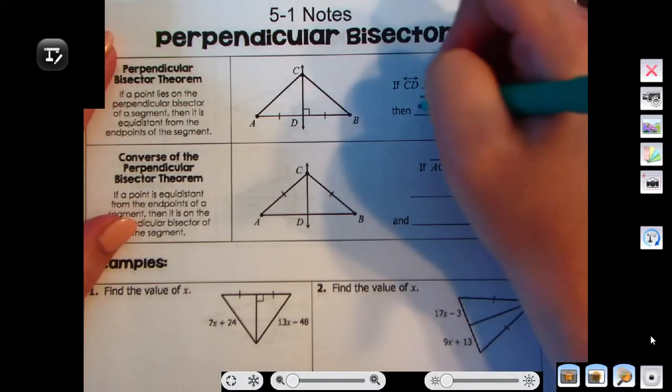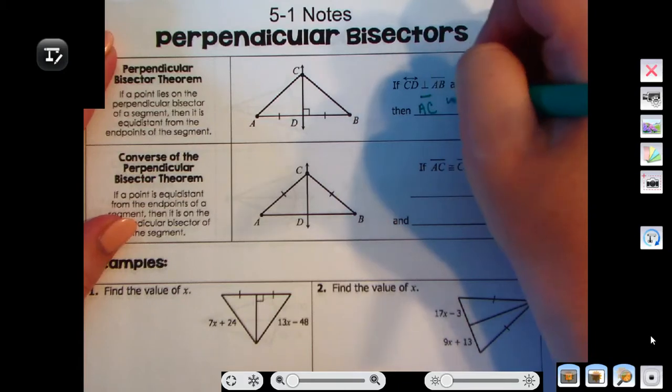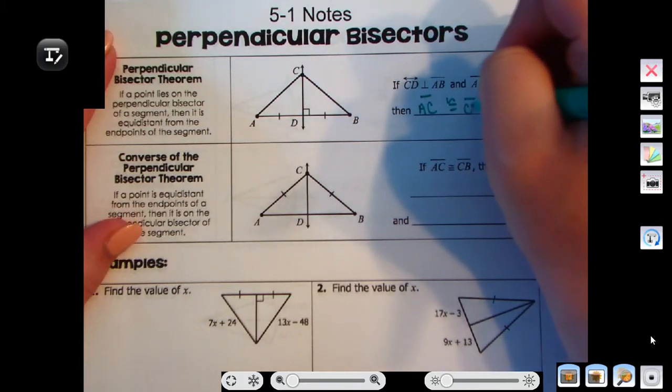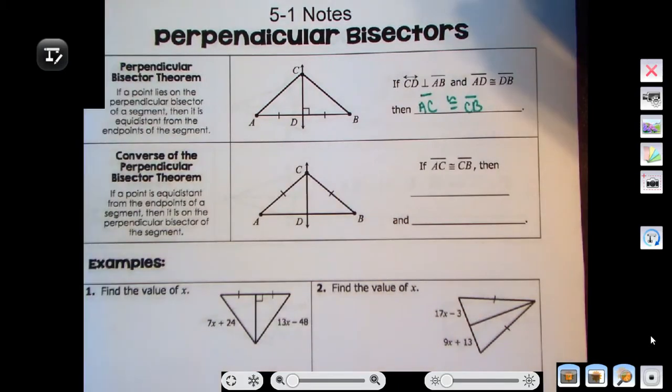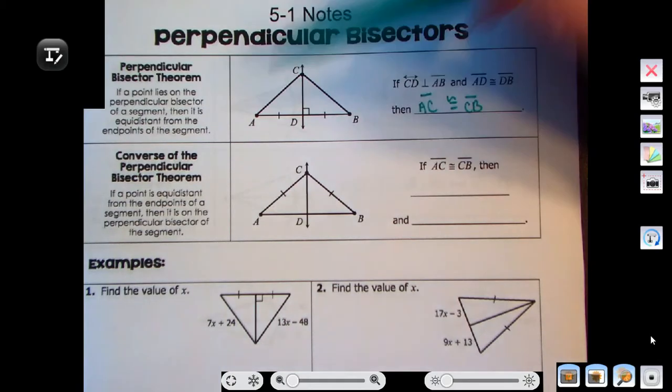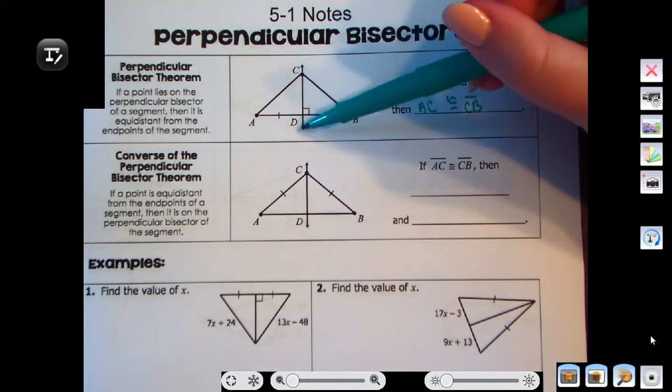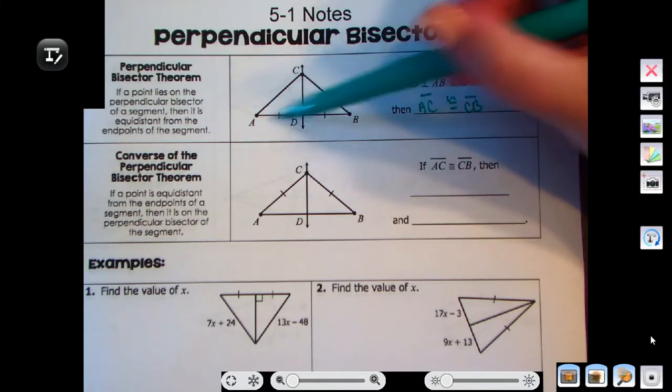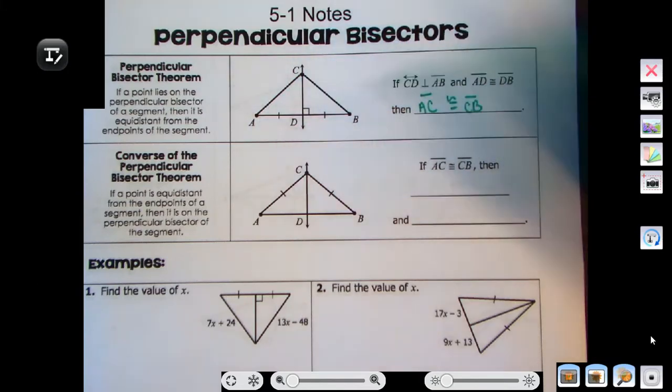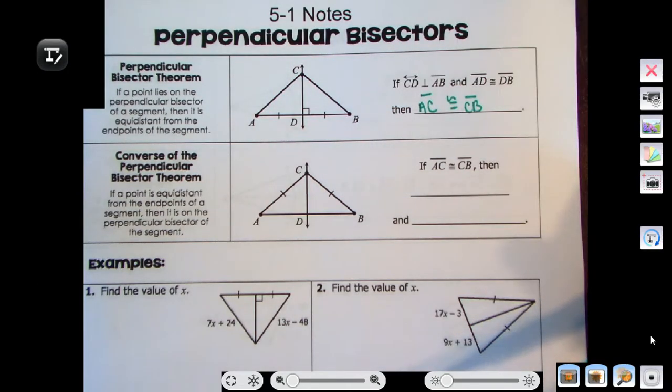So let's write that. AC is congruent to CB. So that's what the perpendicular bisector theorem is telling us. That if this is a bisector, if it's perpendicular, and then these are congruent, then that means that these ones are also congruent. Okay? And then the converse of that, of course, let's do that backwards.